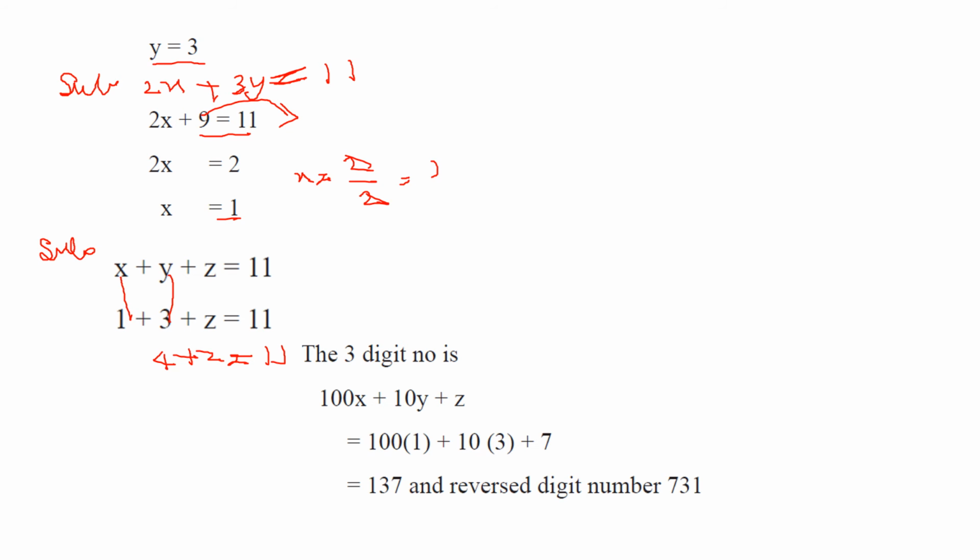Therefore z equal to 11 minus 4, that is 7. Therefore our 3-digit number is 100 into x plus 10y plus z. 100, x value 1, y value 3, z value 7. So 100 into 1, 100 plus 10 into 3, 30 plus 7. 137 is the required number, and our reversed digit number is 731.